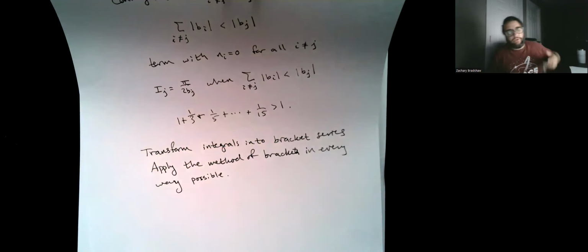So in general, you'll have to choose some fixed indices, and there are many choices for these in general. Sometimes there's only one, but in most cases there are many of these, and the method of brackets says to compute all of them.